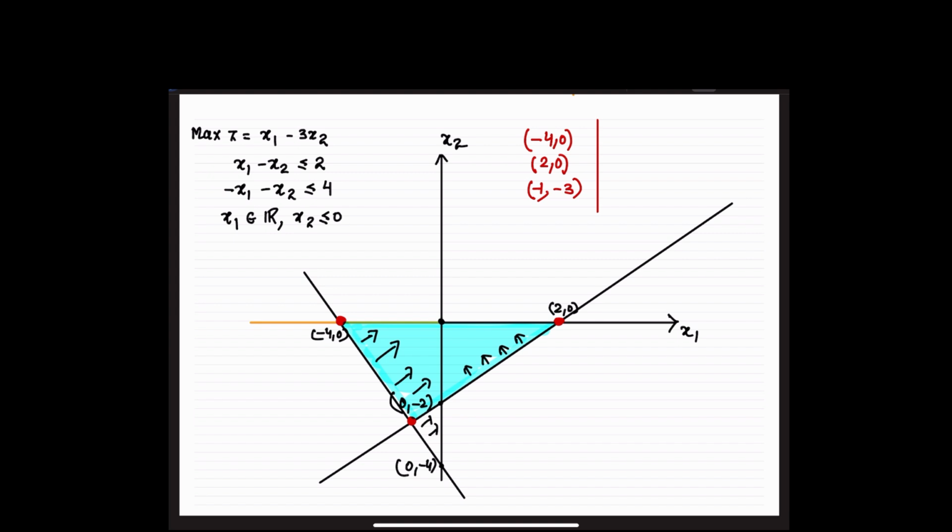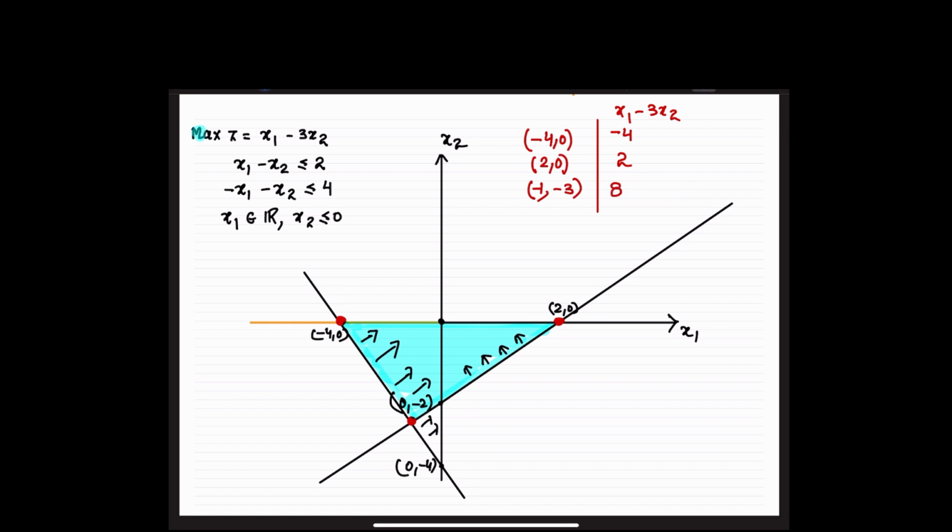So what is the objective? x1 minus 3x2. So at this point the objective is minus 4. At this one the value will be 2. At this one the value will be minus 1, minus 3 into minus 3. So this is 9. 9 minus 1 is 8. So the objective is 8.